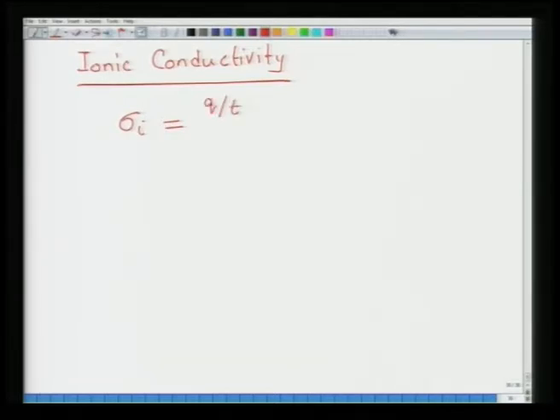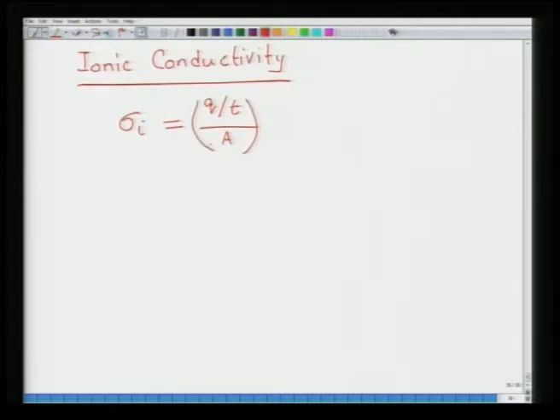So conductivity is expressed as sigma I, which is the conductivity of the I species, let us say, and this is given as Q by t, which is charge per second, divided by area.